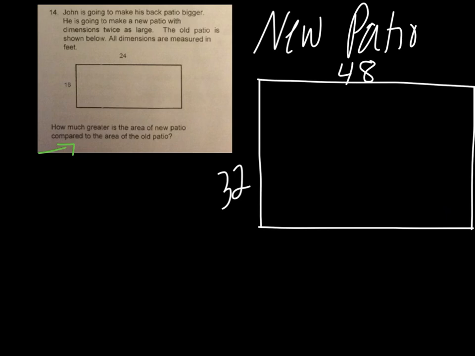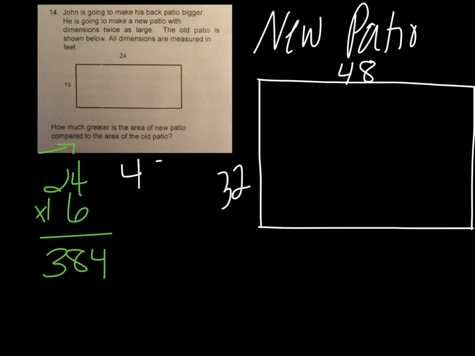So we have to find out the area of both patios. 24 times 16. And then we also have to do 48 times 32. So we'd have to do 24 times 16, which gives us 384. And then we'd have to do 48 times 32, which gives us 1,536.